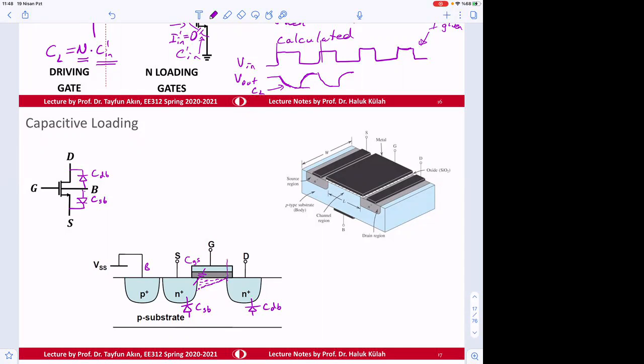Even in that case, in this area, there's going to be C gate to drain. So C gate to source is going to be here, and C gate to drain is going to be here.